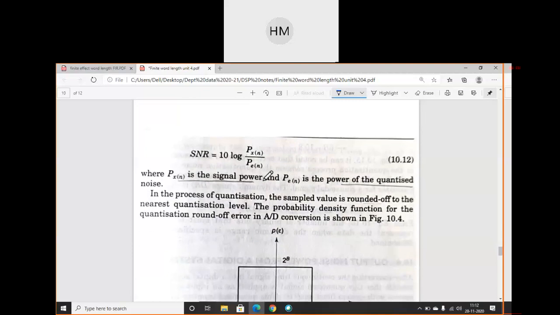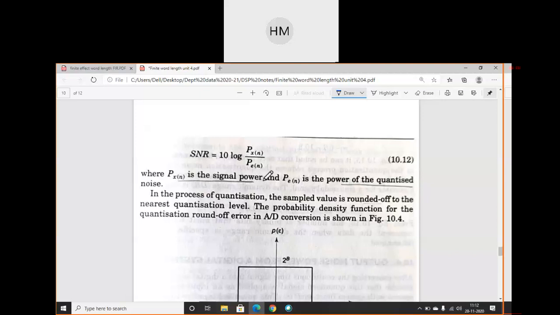We all know, the signal power upon the power of the quantized noise, output power upon the input power. And here we are finding after quantization. So it is the signal power Px of n upon Pe of n, which is the power of the quantized noise. And in the process of quantization, the sample value is rounded off to the nearest quantization level.